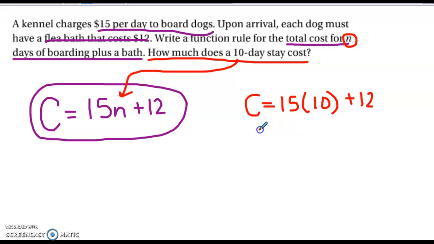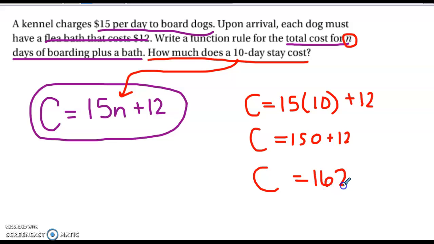So we go order of operations, we would multiply first, so 15 times 10 is 150. So then 150 plus 12 tells us that the cost for 10 days is going to be 162. Right? So this is a word problem. It needs a label. So 10 days would be $162.